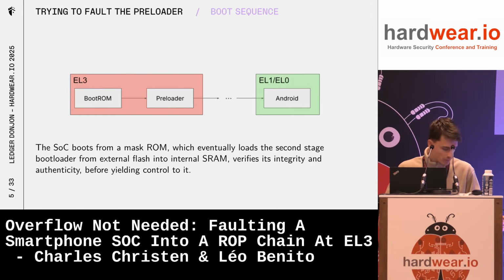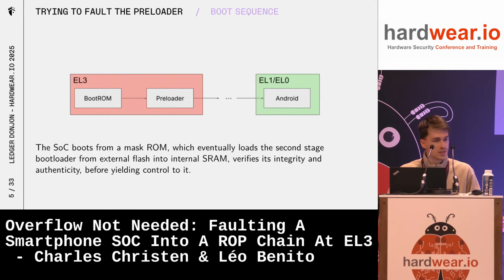So the boot sequence of MediaTek SOCs is quite complex. There are multiple steps before reaching Android, but for this research we only focused on the first two steps, which are running at the most privileged level, which is EL3.